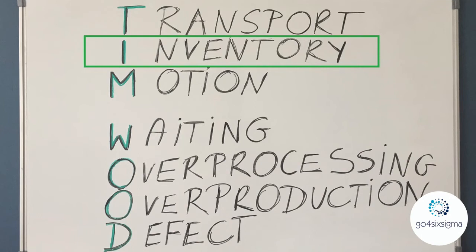Inventory. Inventory is a waste because inventory is like work in progress, and work in progress costs money and takes up space as well. So in the factory, the goal is to reduce the level of inventory. In an office environment, inventory is for example every invoice that is waiting to be processed.